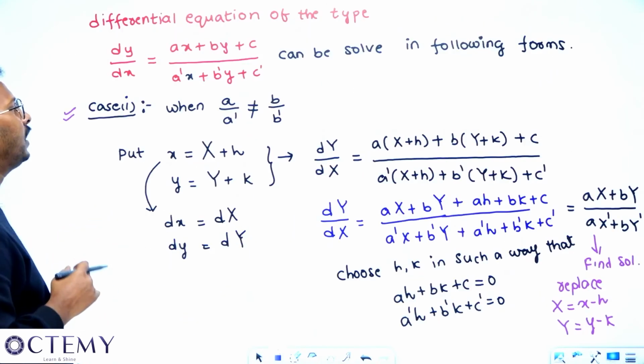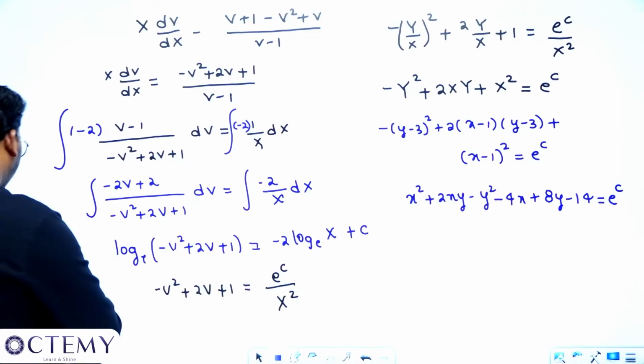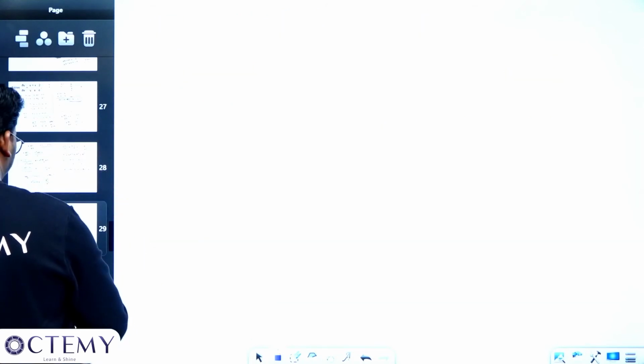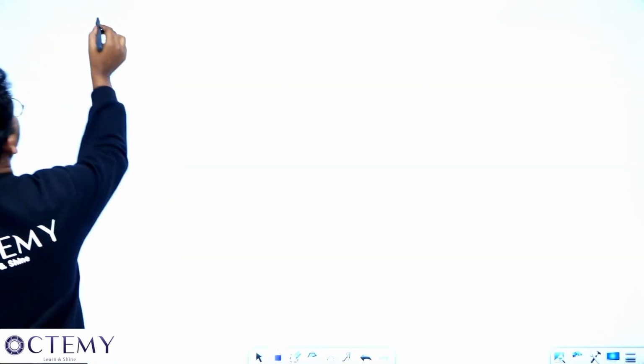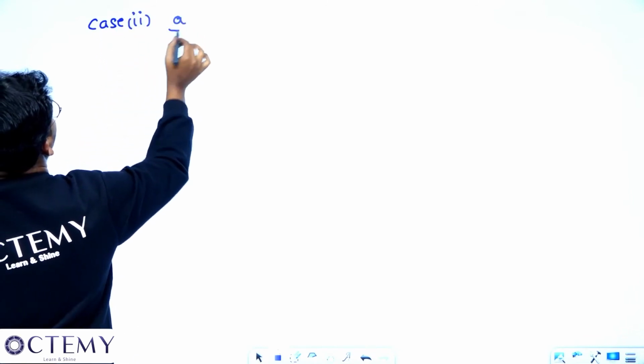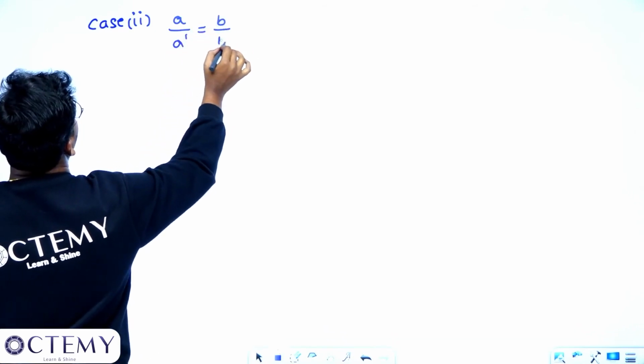Case 1 is when a by a dash was not equal to b by b dash, right? If I go to case 2, let me write case 2. Case 2 is when a by a dash is equal to b by b dash.